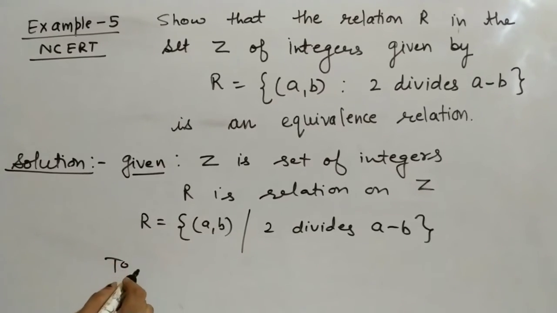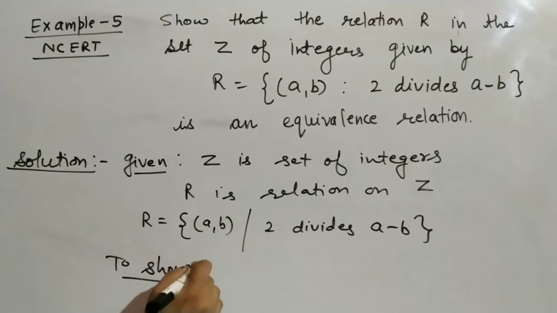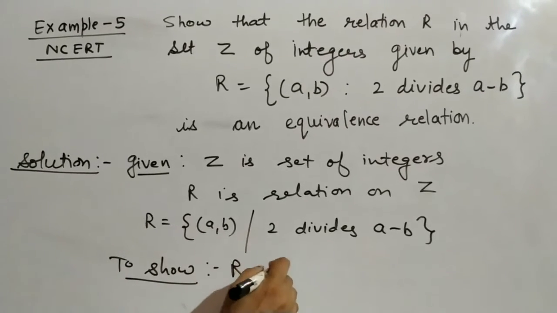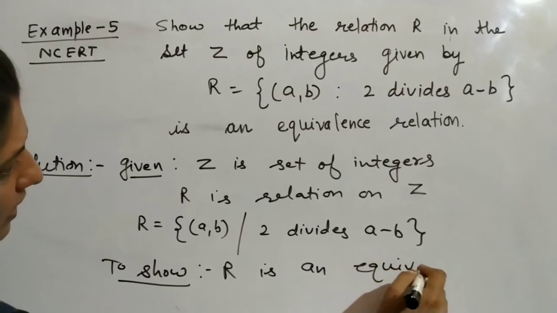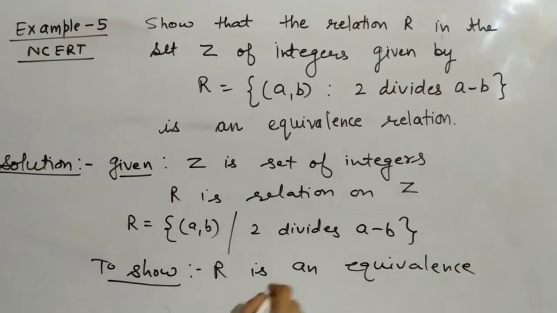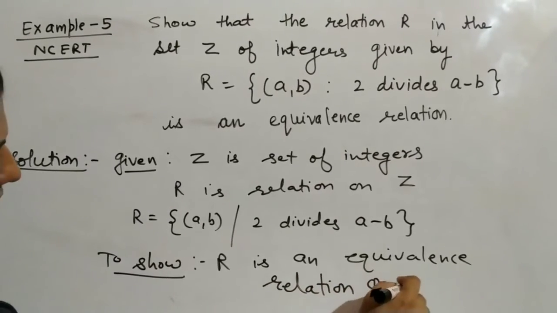We have to prove, or we have to show, R is an equivalence relation on Z.